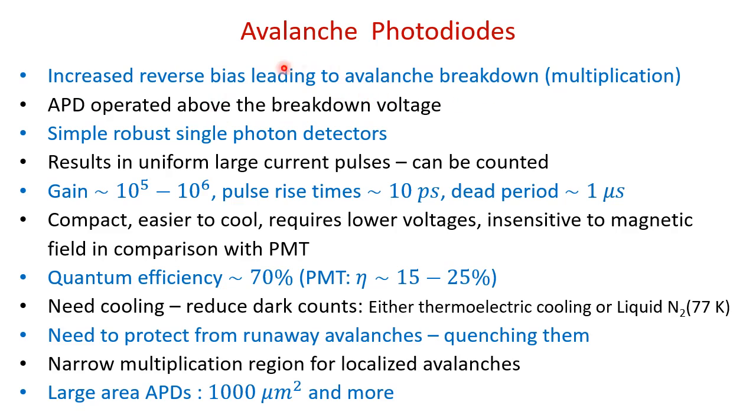You need to operate above this breakdown voltage. The other important thing is that these are very simple, these are robust, and they can detect single photons because of this large multiplication factor.